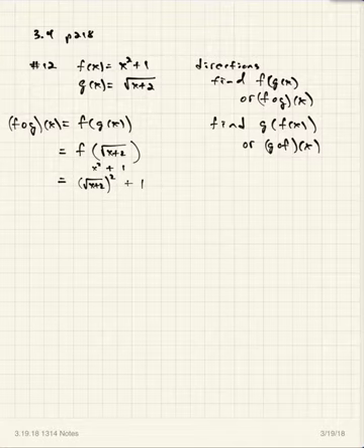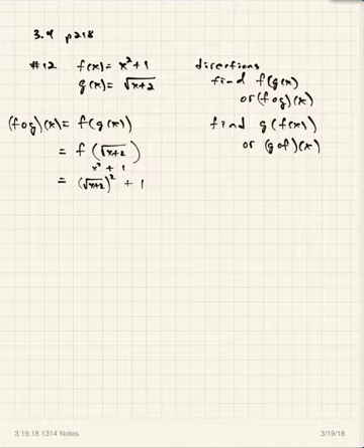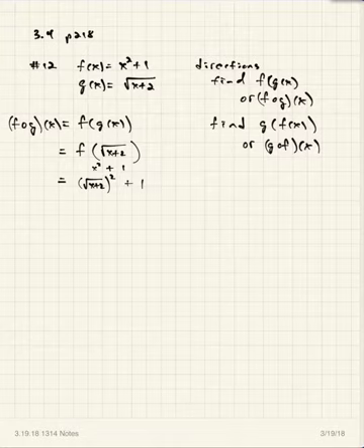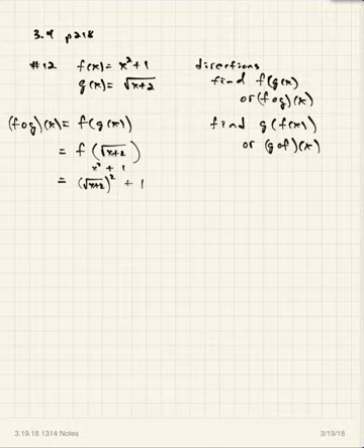Now you do have to make an assumption here, and it is an okay assumption to make. You've got the square root of x plus 2 squared, and that's only equal to x plus 2 when you're taking the square root of something and then squaring it, as long as the x plus 2 is guaranteed to be positive. But that's got to be true here.